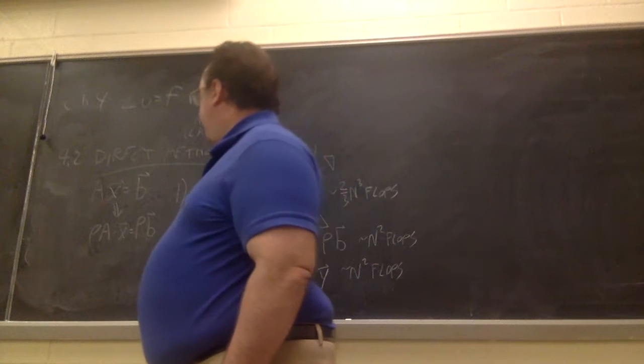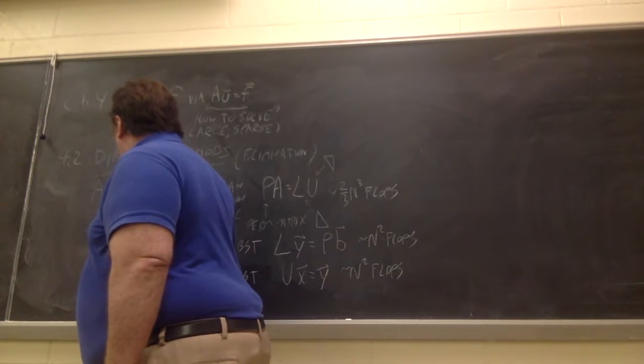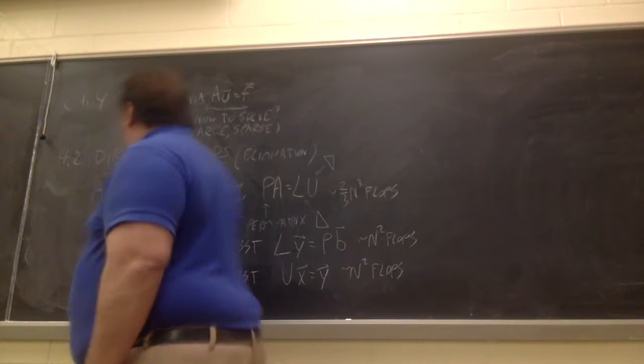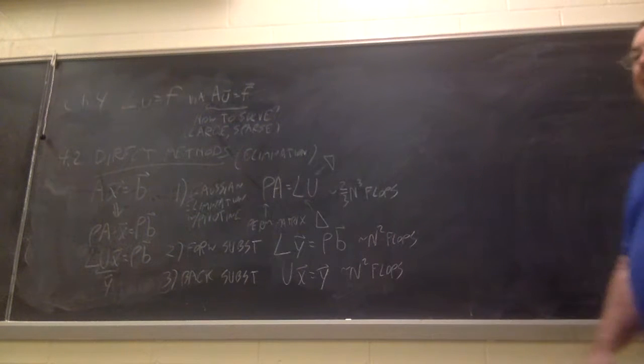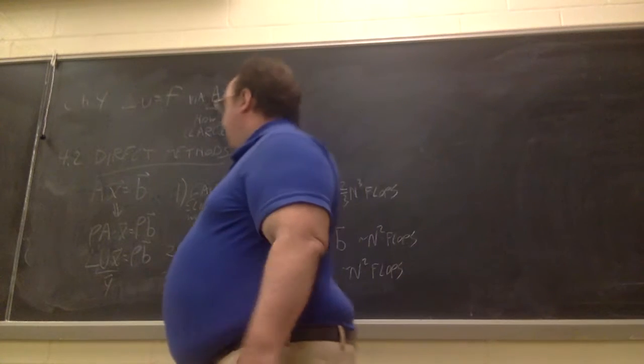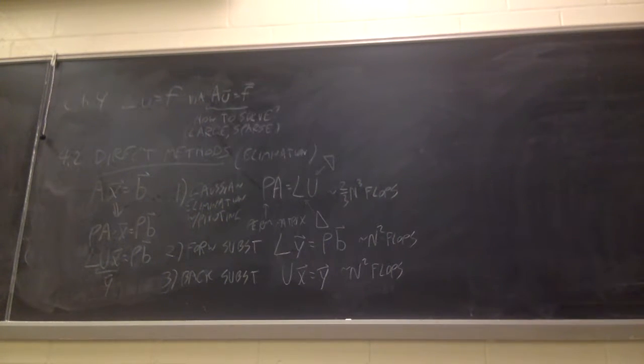Then we replace PA with LU. And then denote Ux by y. Then we see Ly equals PB, Ux equals y, PA equals LU. Wait, what's that for? That's for Gauss elimination? Yes. Yeah, all of this is Gauss elimination. Okay.